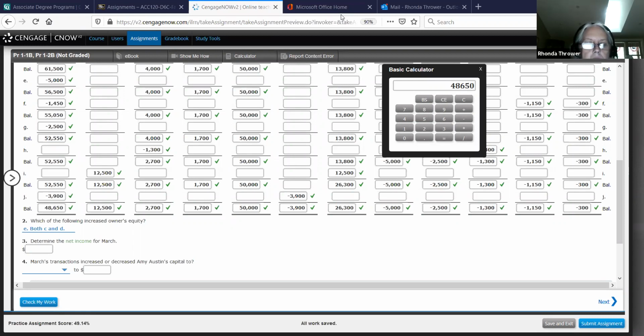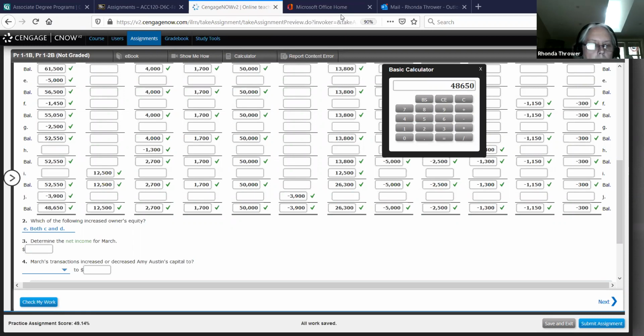You'll always add your owner's investment. Remember, owner's investments increase owner's equity. The amount of the owner's investment for this period was $50,000. That came from the ending balance in your capital account. We're going to add the net income to it because the net income was a combination of revenues and expenses. Our net income amount was positive.